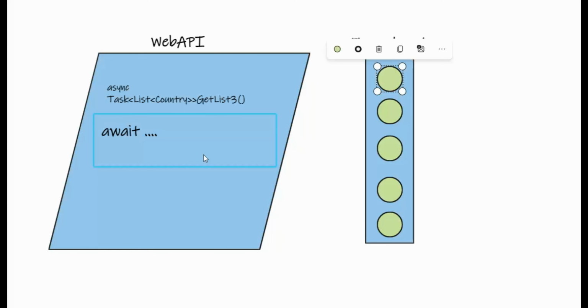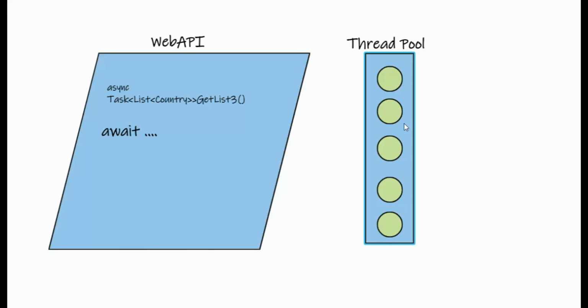Now, when it's finished, it comes back over to await, and then await sends a message back to the thread pool that says, I'm done, reassign a thread to me. Now, the original thread that was assigned to that does not have to service it. It will get the next one available. Imagine the first four are busy doing something.